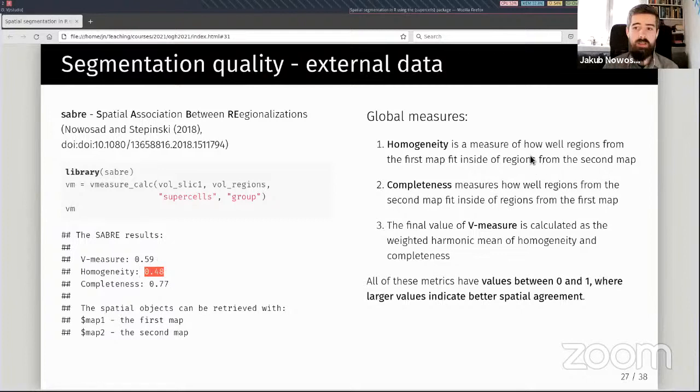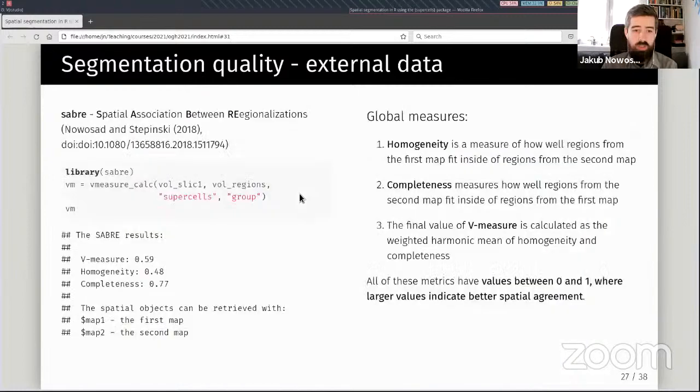Homogeneity is the relation of how well our first map fits inside the second map, while completeness is the opposite: how well the second map fits in our first map. Again, if the value is closer to 1, our maps are more similar to each other.